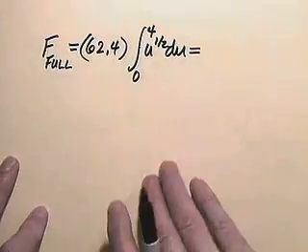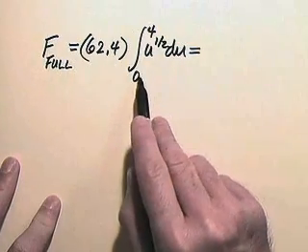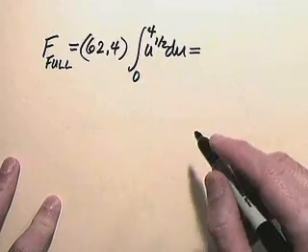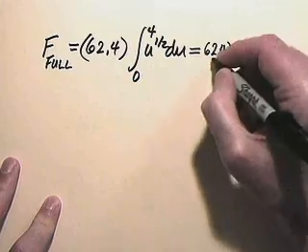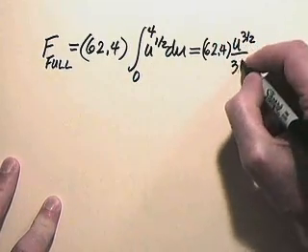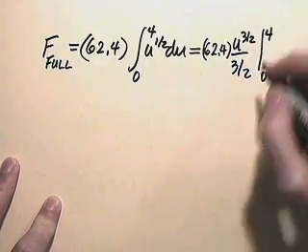So now finally we have the force on the full tank. F sub full is equal to 62.4 times the definite integral from 0 to 4 of u to the 1/2 du, which is easy to do. The antiderivative of u to the 1/2 is simply u to the 3/2 divided by 3/2, to be evaluated between limits 0 and 4.